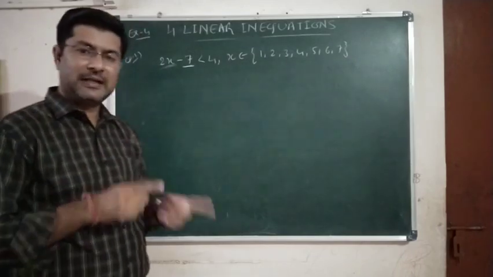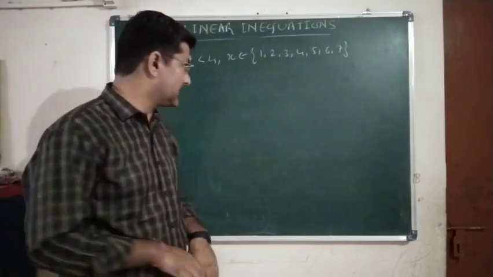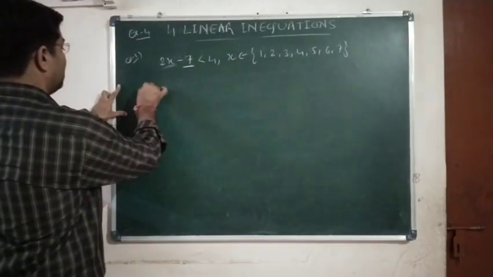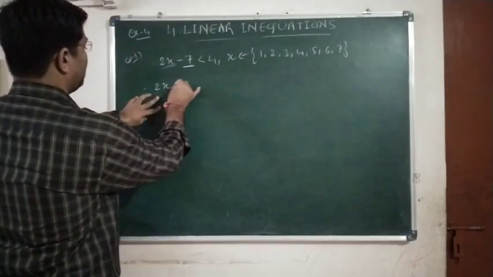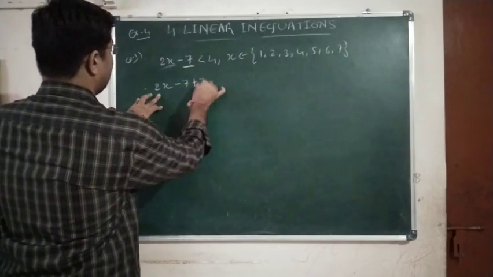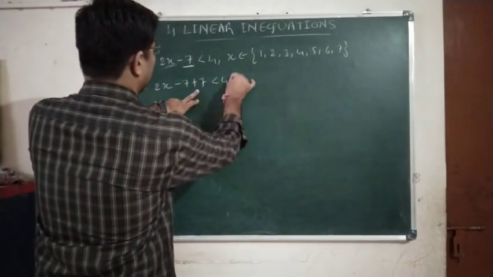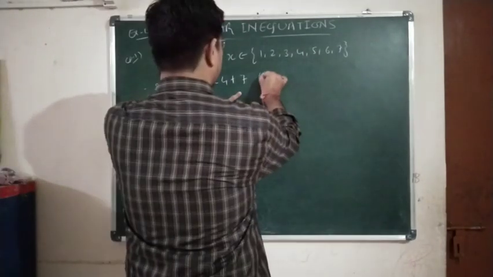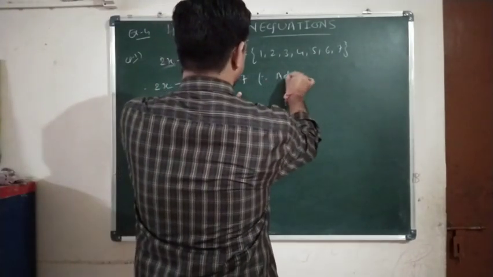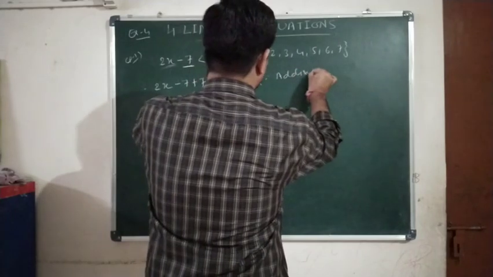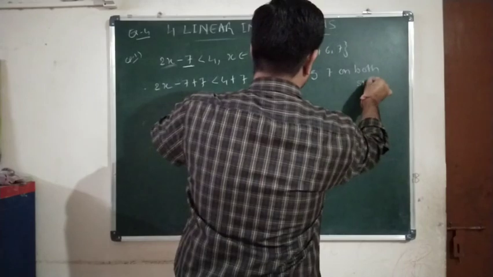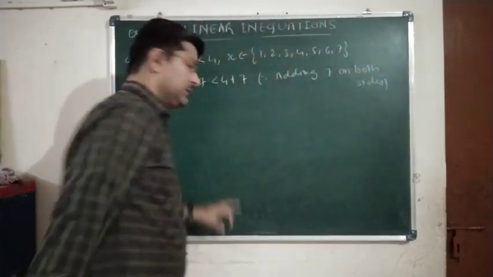Now whatever you are adding, we will add on both the sides. Clear? So we will add 7 on both the sides. So look at this step, 2x minus 7. Now I am adding plus 7. So I will add 7 on both the sides, and in the bracket I will write down the reason: since adding 7 on both sides.